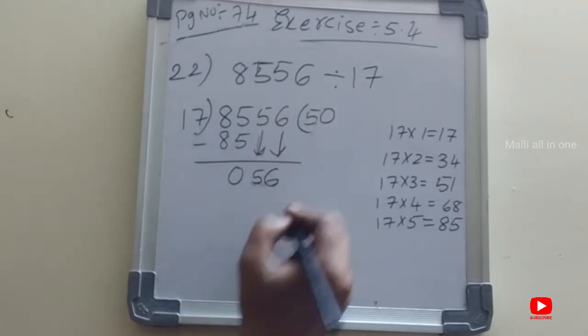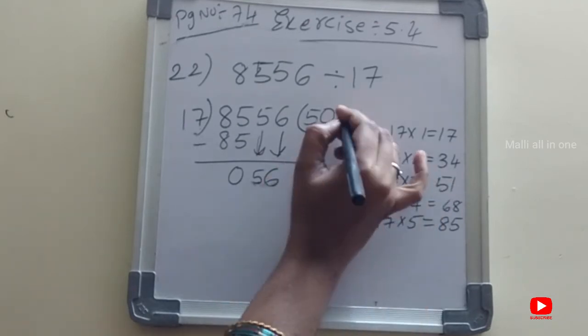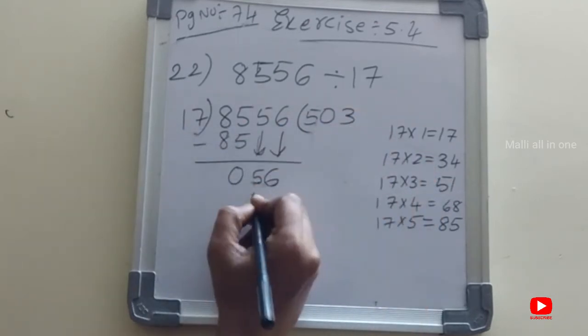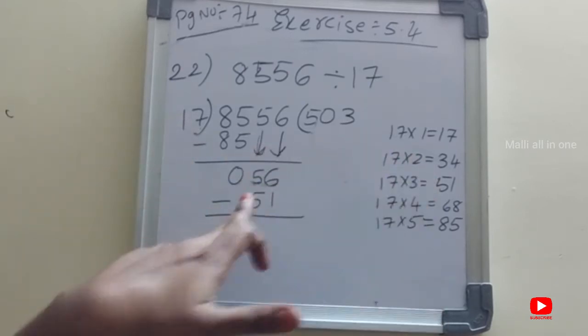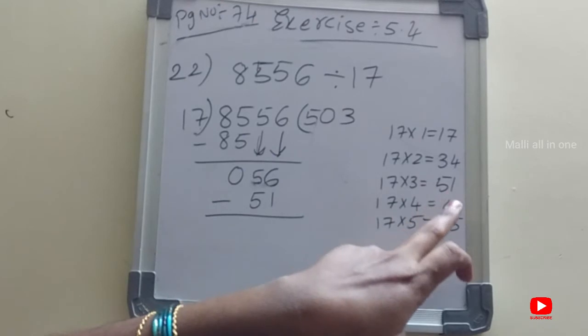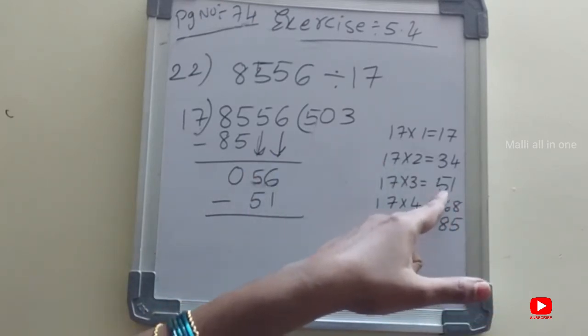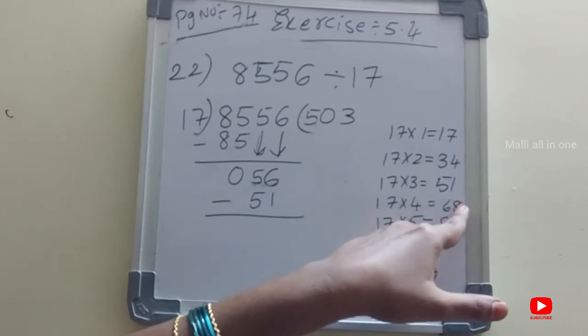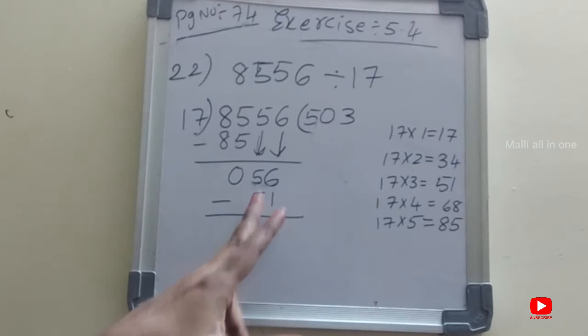Understand children? Now 56. Near 56, what will be there? 51. So 17 threes are 51. That should be right. In the 17 table, 56 doesn't come, so we have to take a number near to it. What is that near number? 51. 68 is also near, but it is big. 56 is small, so we should take the number smaller than 56.